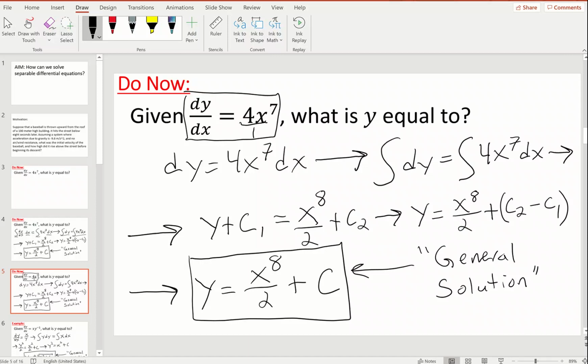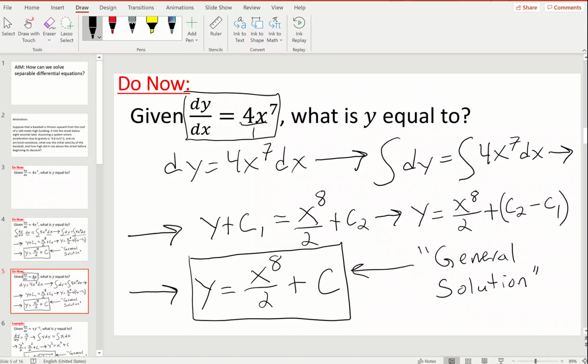Apply the integral operation on both sides, and you can see that we are at the same point we were in the previous slide, right? And so from there, everything is exactly the same, and we end up, of course, in the same exact spot. I just kind of wanted to show you the shortcut of cross multiplication to make your life a little bit easier.